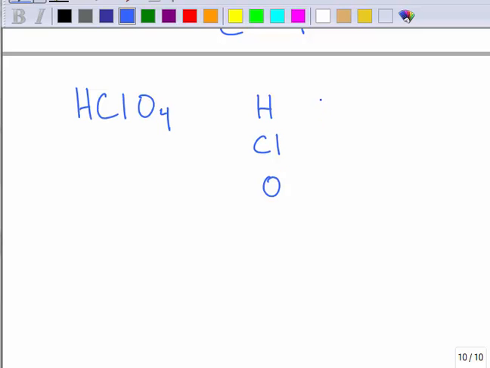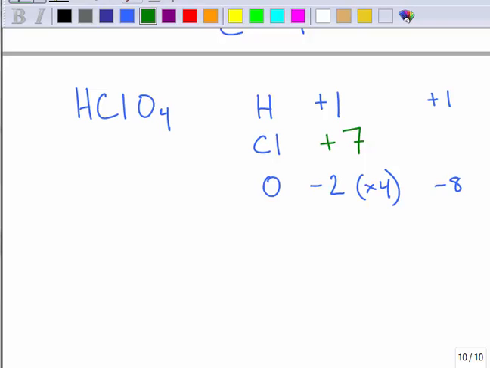So here we have hydrogen, and we remember that hydrogen always has a +1, and there's only one of them. Then oxygen is always going to be -2, and now we have 4 of them. So our 4 oxygens are going to be a total of -8. Then we have a +1, and so the difference between +1 and -8 is going to be the oxidation state of our chlorine. So chlorine must be +7 in this compound, perchloric acid.